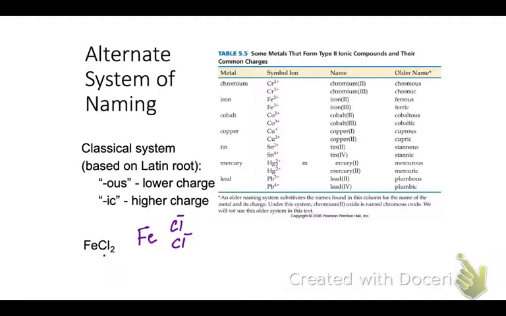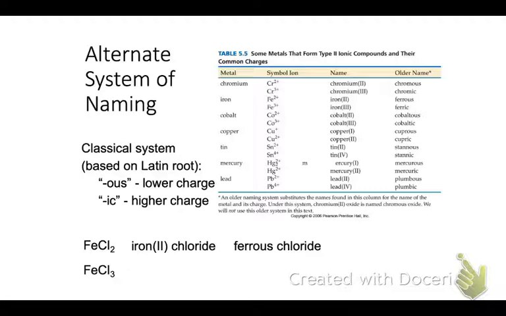So this iron should have had +2. So now when I call the name for this one, it will be iron 2 chloride or ferrous chloride. For this one here, iron needed 3 chloride anions, which means that iron had a +3 charge, and the name will be iron 3 chloride or ferric chloride.